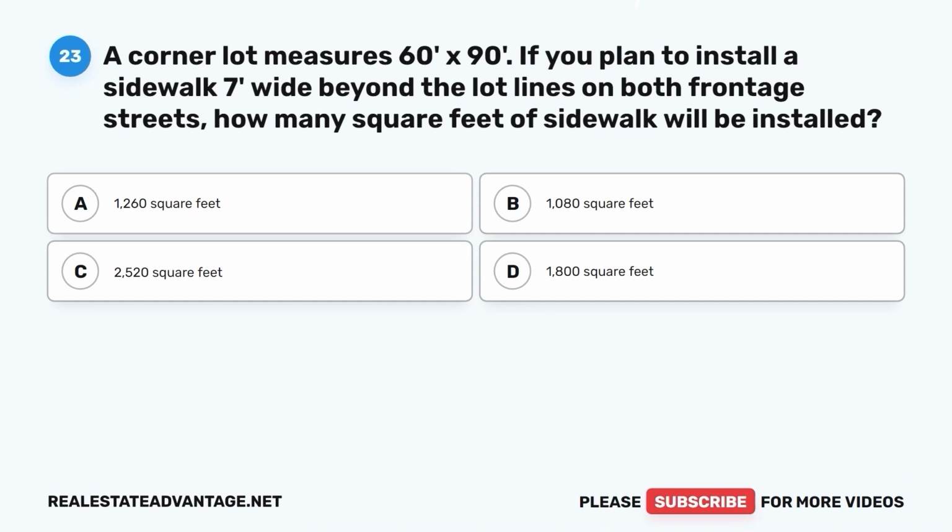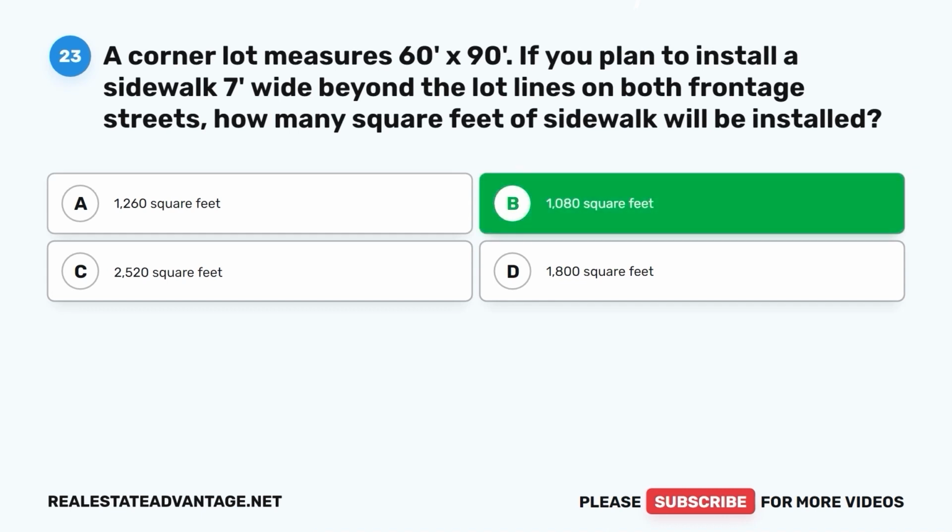Question 23. A corner lot measures 60 by 90. If you plan to install a sidewalk 7 wide beyond the lot lines on both frontage streets, how many square feet of sidewalk will be installed? A. 1,260 square feet. B. 1,080 square feet. C. 2,520 square feet. D. 1,800 square feet. The correct answer is B. 1,080 square feet.